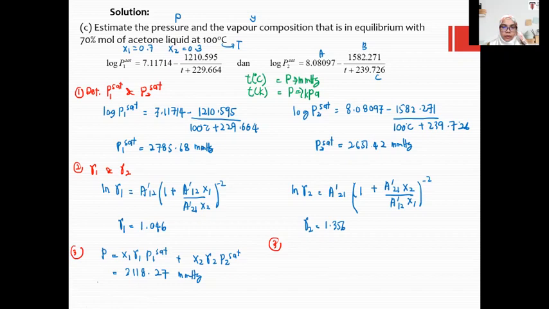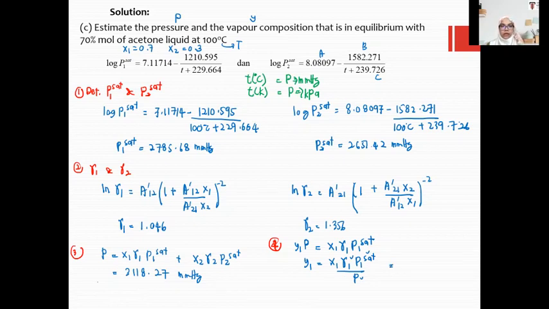The third step was to determine the value of pressure, and then the fourth step is to determine the vapor composition. Y1 equal to X1 gamma 1 P1 saturation over P. We already defined the values of gamma 1 and the P1 saturation pressure as well.